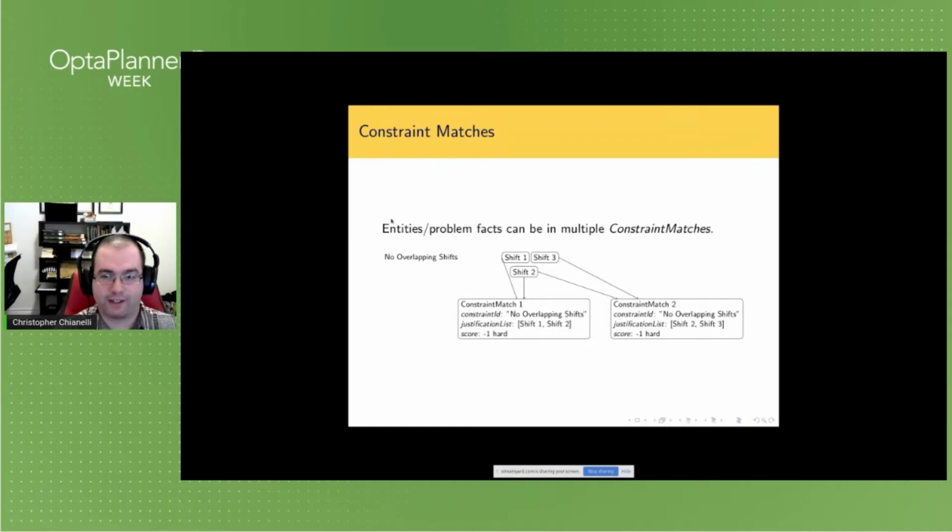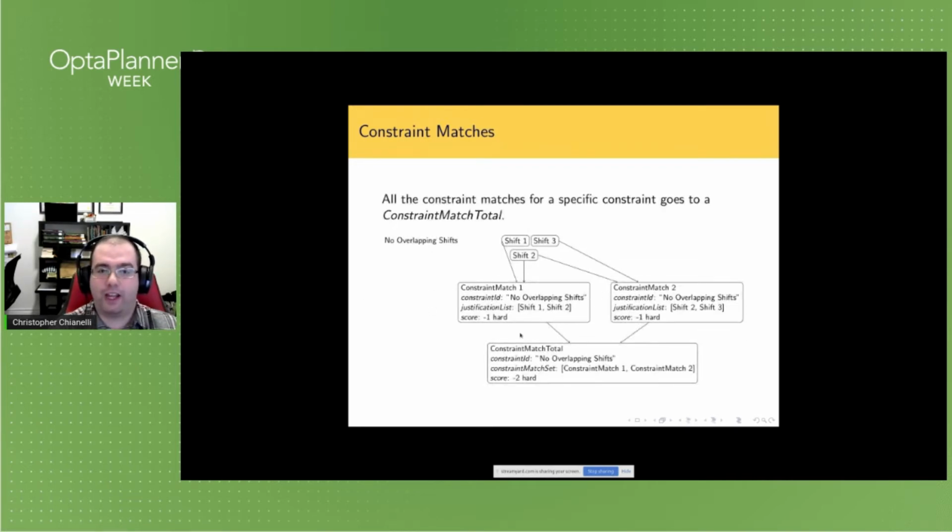Entities and problem facts can be in multiple constraint matches. So over here, shift 2 overlaps with both shift 1 and shift 3, so it will be involved in both constraint match 1 and constraint match 2. Over here we see shift 1 and shift 2 in the justification list, and over here we see shift 2 and shift 3.